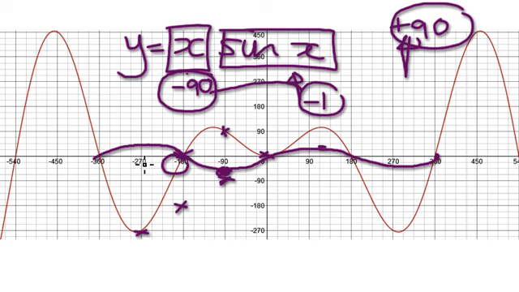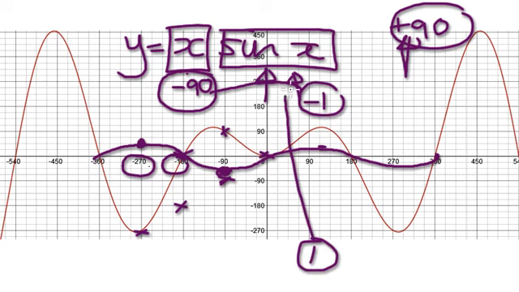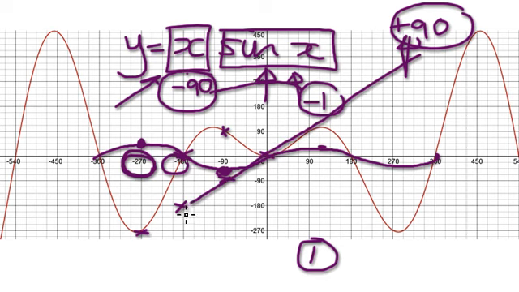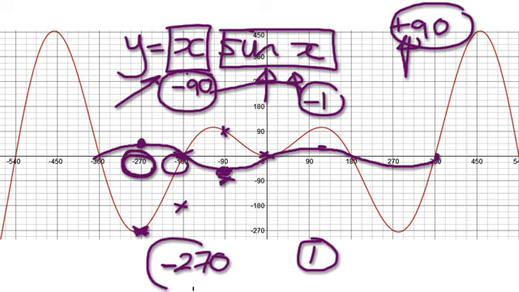But now looking at negative 270, the sine x part will be positive 1. This is the sine x part at negative 270, right here. It's positive 1. But then looking at the y equals x graph, at negative 270, the x part will be negative 270.